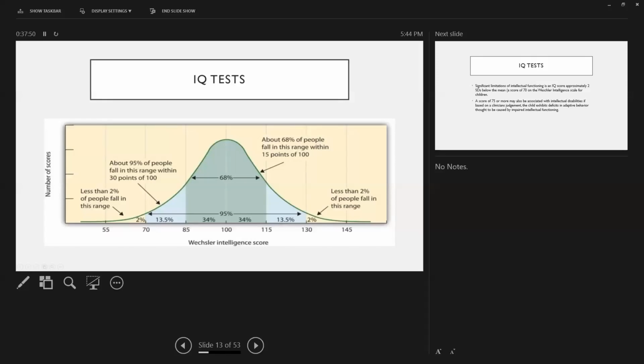And as we get further out into the tails, this is where the scores really start to drop off. So less than 2% of people will fall beyond three standard deviations of the mean.